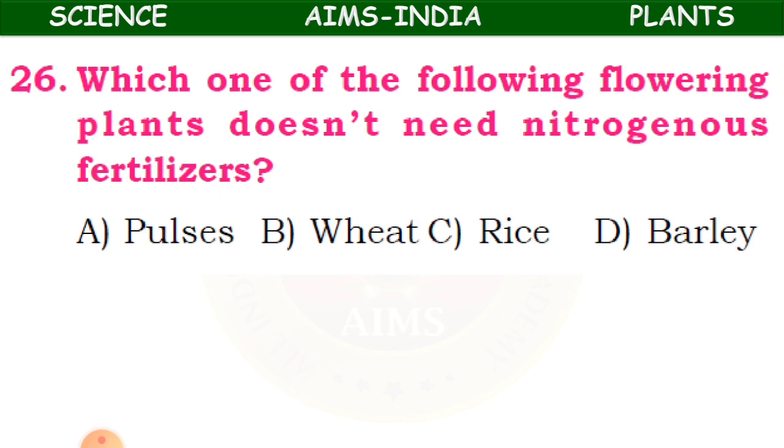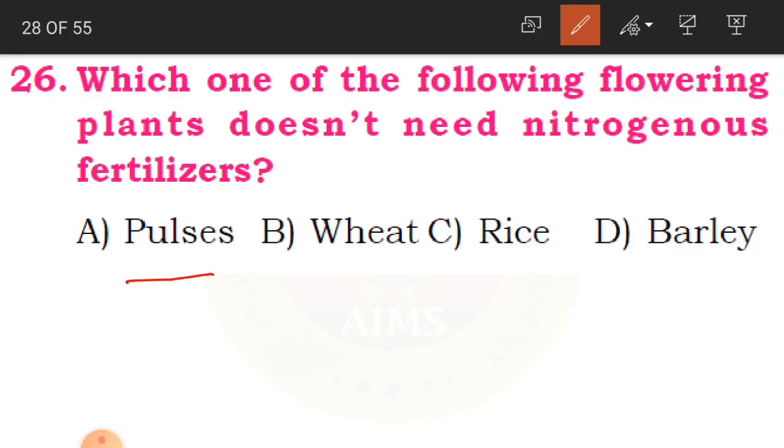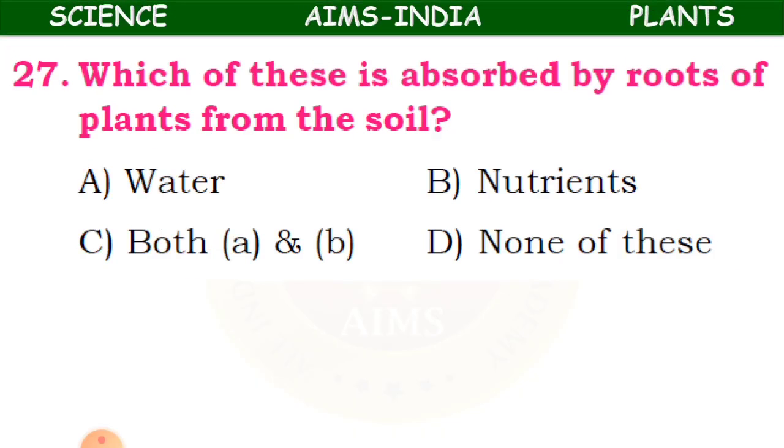But here we have some other plants which do not need nitrogen as fertilizers. Whether they are pulses, wheat, rice or barley. And the correct option is pulses. Okay children, pulses do not need nitrogen as fertilizers.